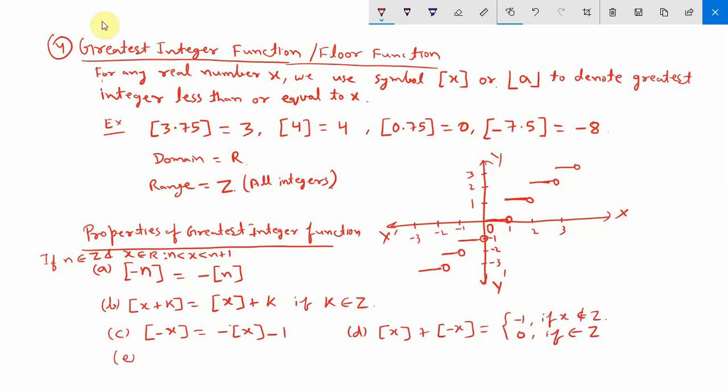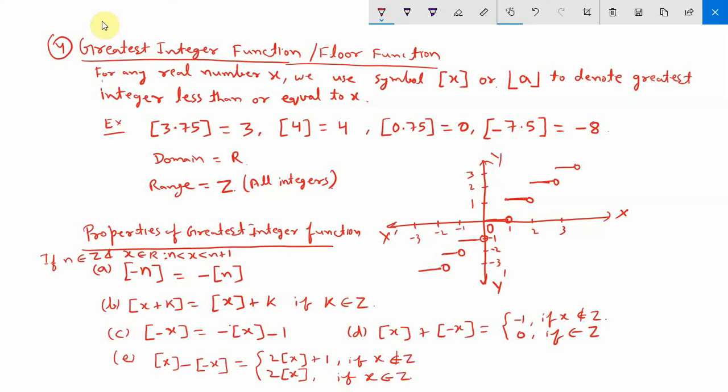Then the next property is [x] − [−x]. So the greatest integer function of x minus the greatest integer function of −x will be equal to 2[x] if x is an element of Z and 2[x] + 1 if x is not an element of Z.